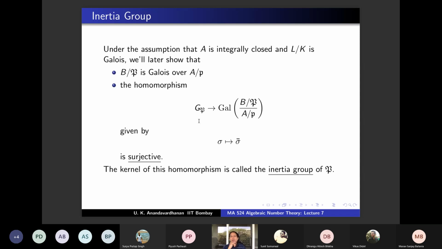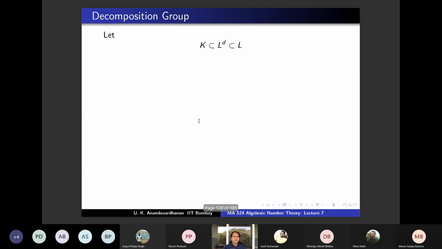That's a theorem. The kernel of this map is called the inertia group of P. These two are very, very important groups. Lang's notation is G_P for decomposition and T_P for inertia. But this is not today's topic; this is for another day.